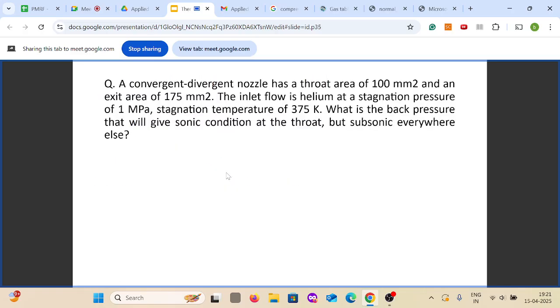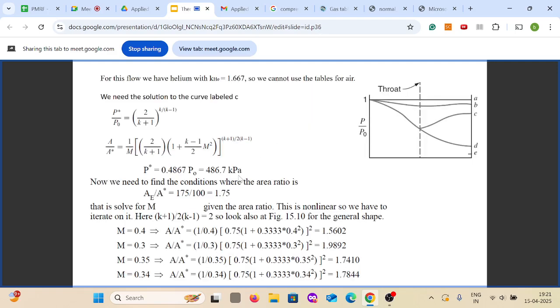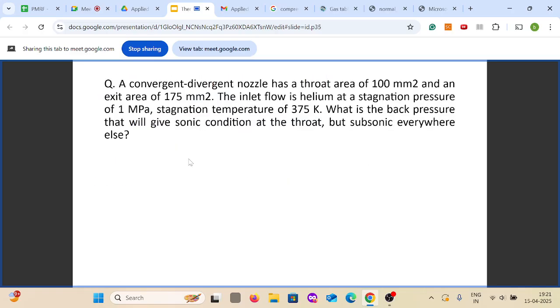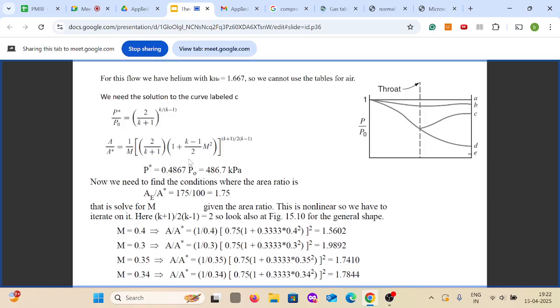So using this we can find out the P star by P naught value is 0.4867 for gamma of 1.667. So P naught is given as 1 megapascal, so we can find out P star is 486.7 kilopascal, and then area ratio comes out to be 175 by 100, which is 1.75.